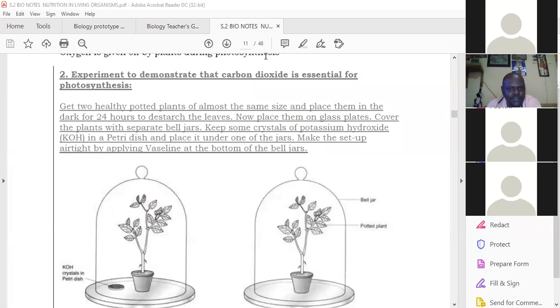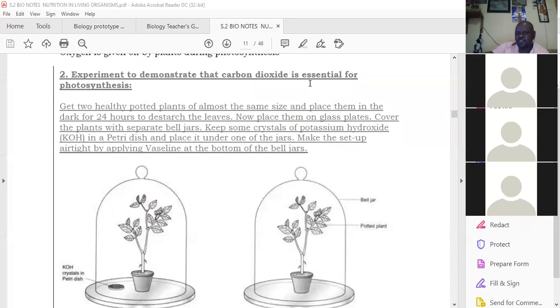That is very nice. The reason we keep in darkness is to discharge the leaf, okay? And discharging, I told you yesterday, it means removing starch. So when you keep it for 24 hours, all the starch that is there is removed. So that by the time you start this experiment, all the leaves in the plant have no starch.